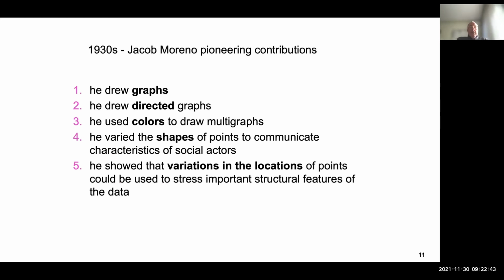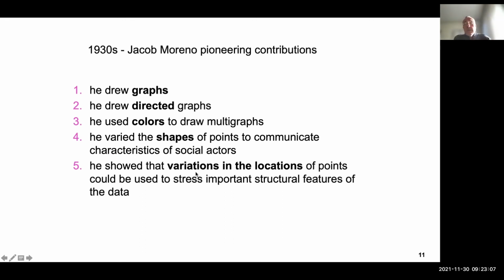So basically, in short, Jacob Moreno put some points on the table. He made a decision to use a graph to represent a social network. He made a decision to use a directed graph, colors to encode a multigraph, and shapes to have different kinds of nodes.